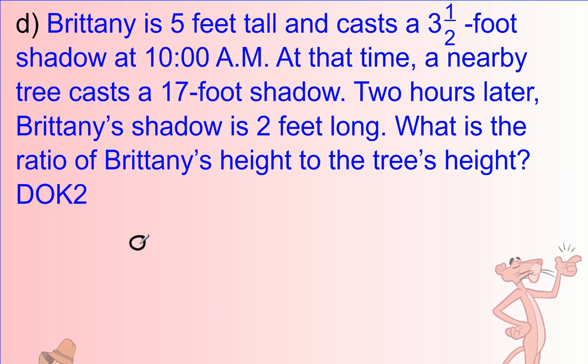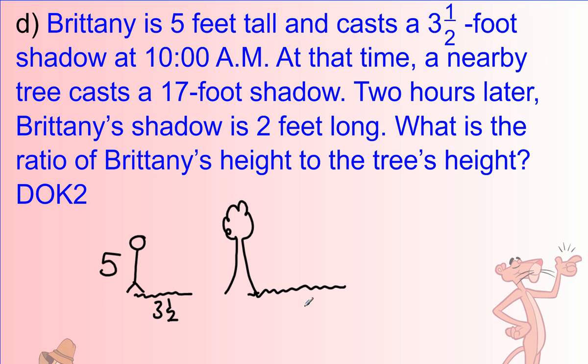Okay, here we go. So Brittany is standing here. It says she is 5 feet tall and her shadow is 3.5 feet. At the same time, a nearby tree, ain't it beautiful, casts a 17-foot long shadow.